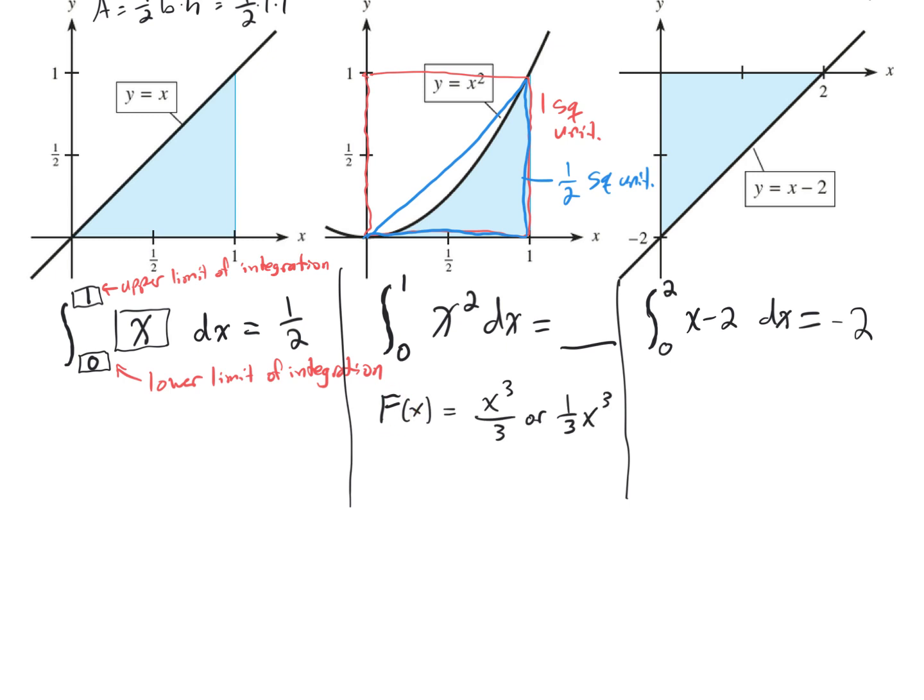Now, technically, when you compute antiderivatives, there would be a constant of integration at the end. Most times when you compute a generic antiderivative, you have to include this plus c at the end of either of these two.